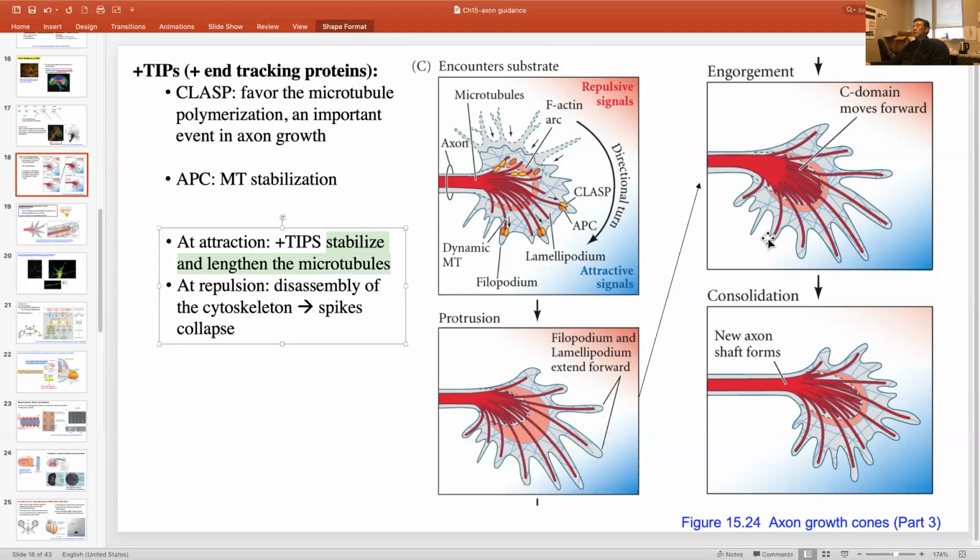Then the C domain moves forward. So this area over here is further invaded by the microtubules, and a new axon shaft is formed in that direction, which allows the entire structure to move toward the attractive signals.